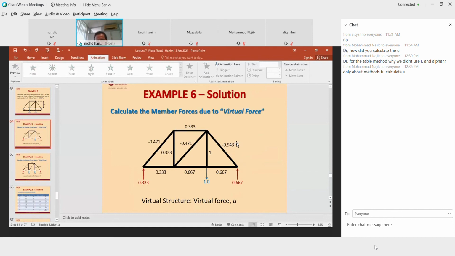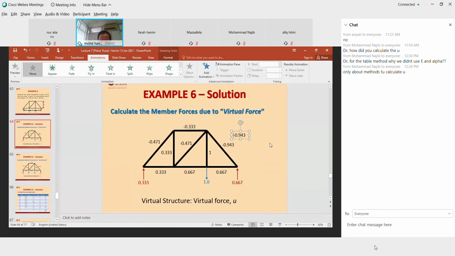One of you asked about this force. I hope you can see it. What is negative 0.943?